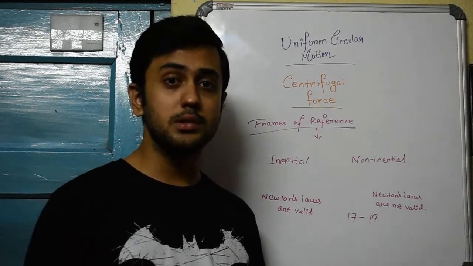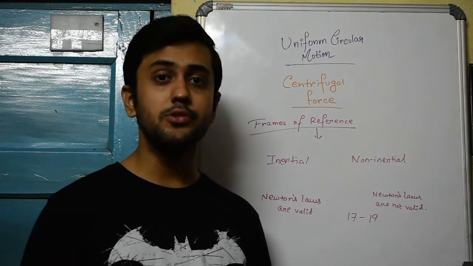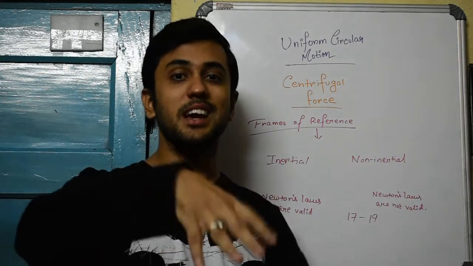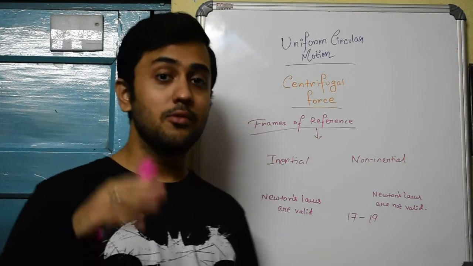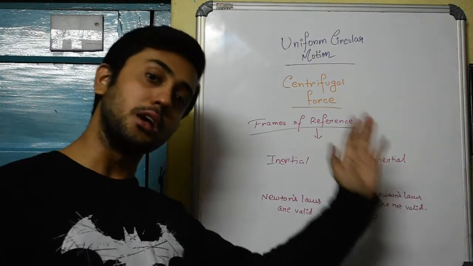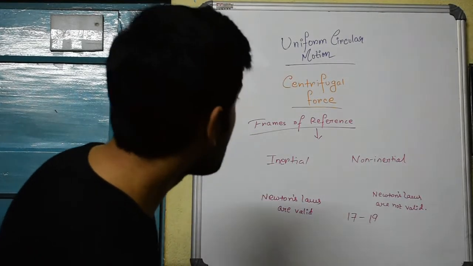Now what are those flaws? You need not know it right now. You will know it in future if you study physics. But once scientists agreed that there are flaws, they found it necessary to make this separation: one frame in which Newton's laws are valid, another frame in which Newton's laws are not valid.